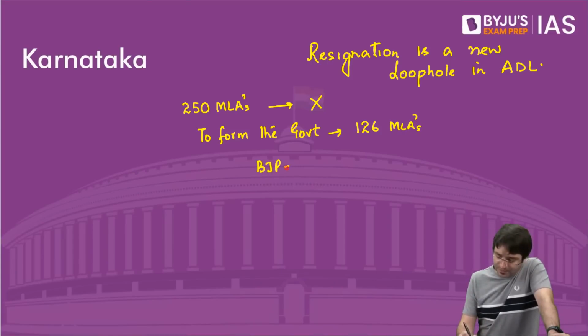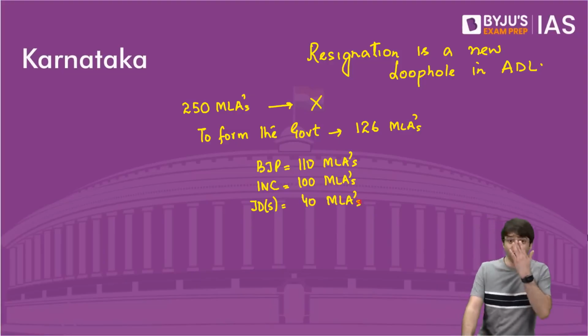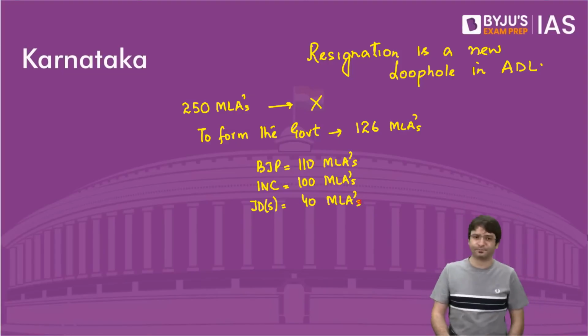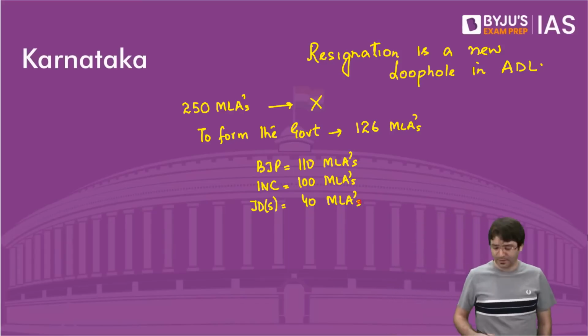BJP has 110 MLAs. Congress has 100 MLAs. Another political party, JDS, has 40 MLAs. Who will form the government? Nobody. Why? Because no political party has the majority.